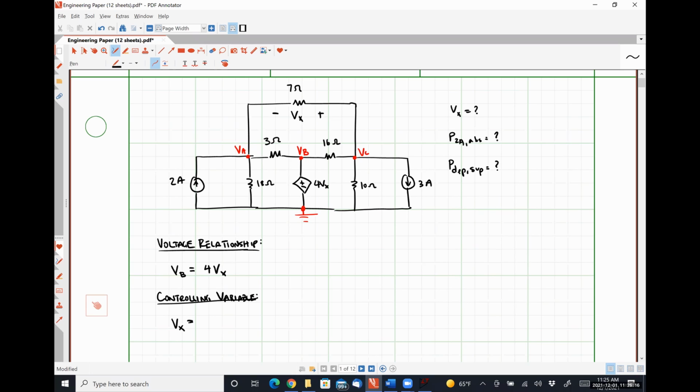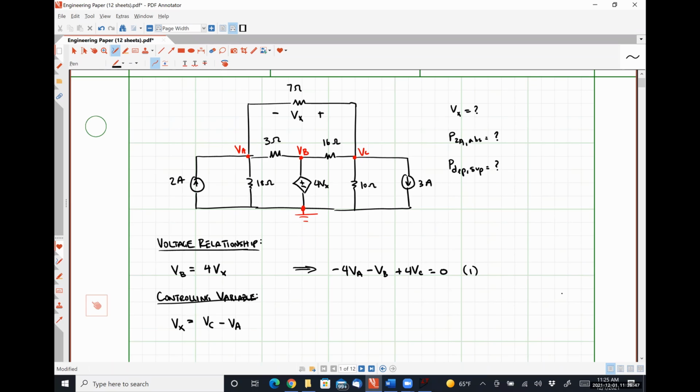VC minus VA, absolutely right. We could substitute this relationship into our voltage relationship equation, and that would give us -4 VA minus VB plus 4 VC is equal to 0, which will be one of our 3 equations that we'll use to solve this guy.